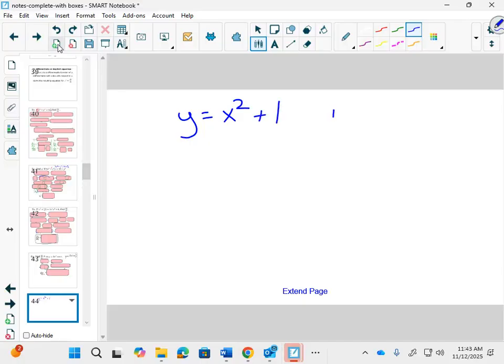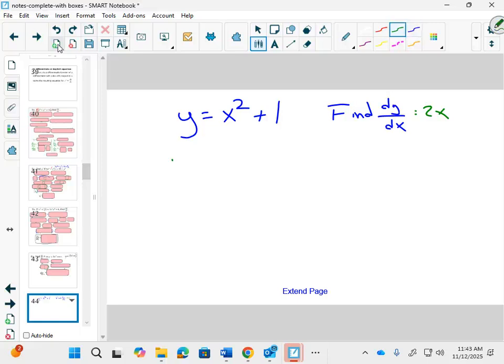If this question said, find dy dx, you already know the answer is 2x. That's from our last unit. No problem there. But if I wanted to, I could do implicit differentiation of this.